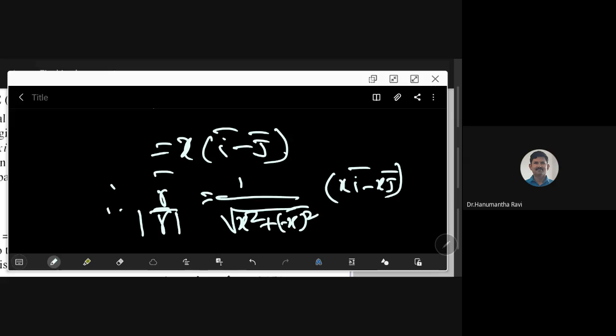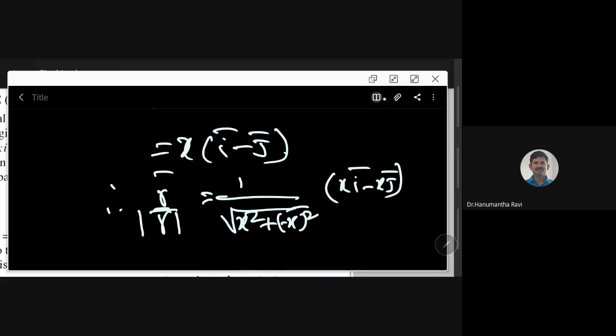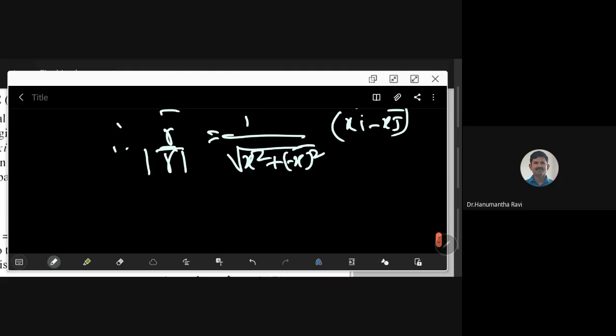So this is nothing but 1 by root 2 into (i bar minus j bar).